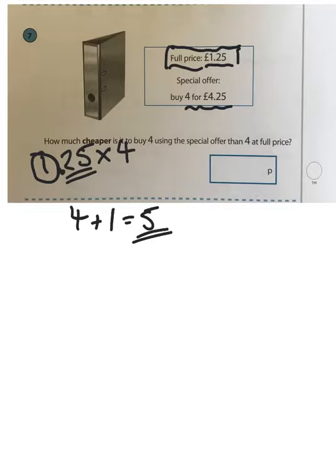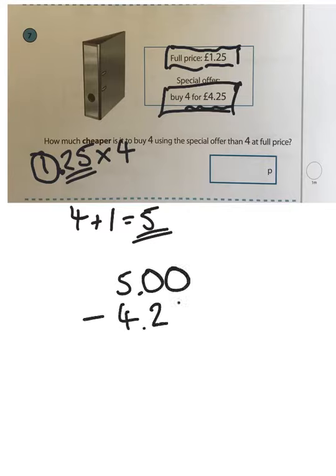Okay? But using the special offer, you can get 4 for £4.25. So you've got £5. Take away £4.25, and then that will give you the answer. Or you can count up from £4.25 to £5. If you don't want to do that, you're going to do the takeaway way.